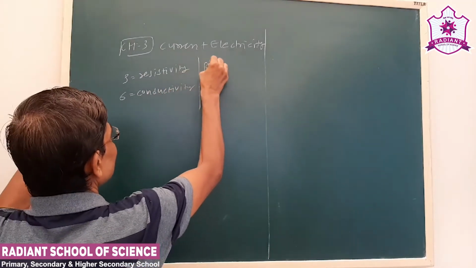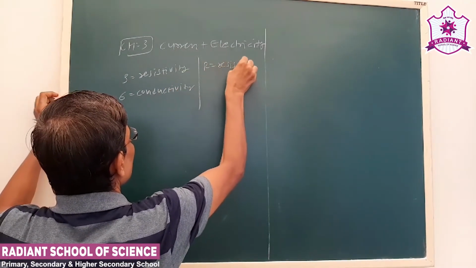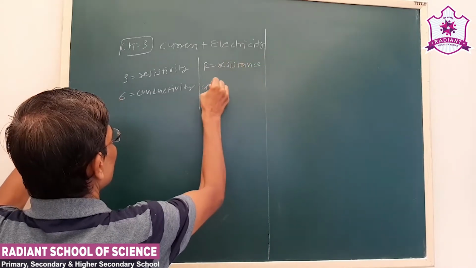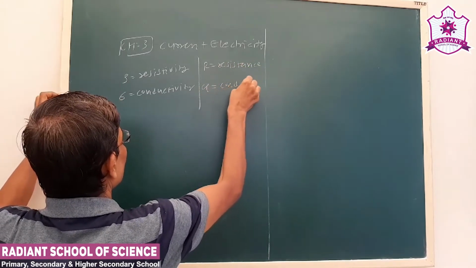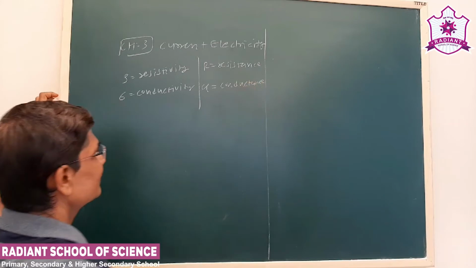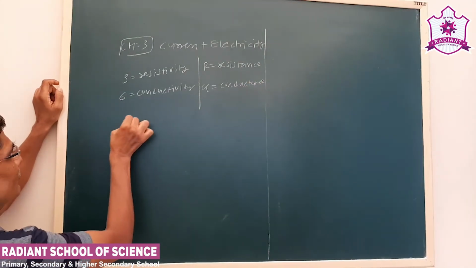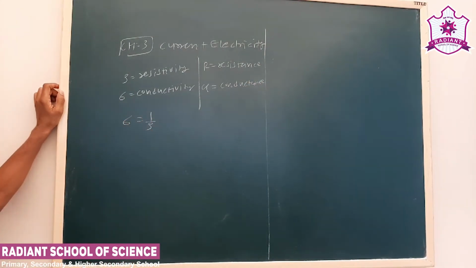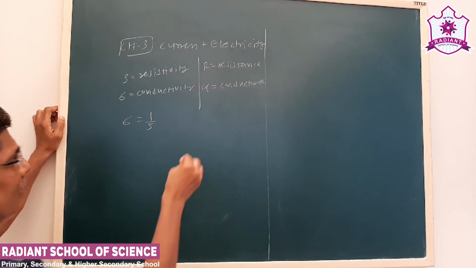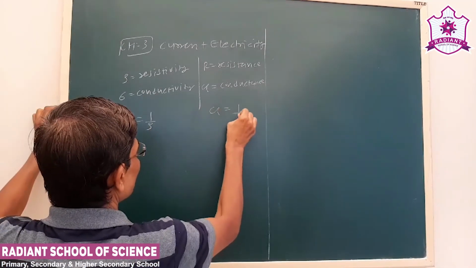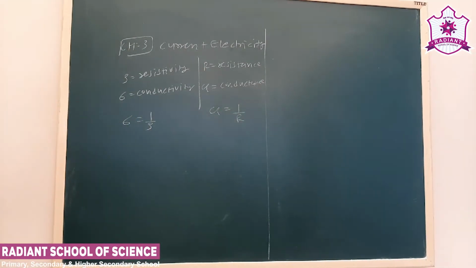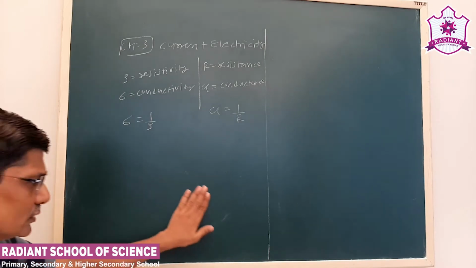See, R is resistance. Now we see relation also. Sigma is 1 upon rho. Okay, that is reciprocal of resistivity, and conductance is reciprocal of the resistance. Okay, now these are useful things that we are going to use now.